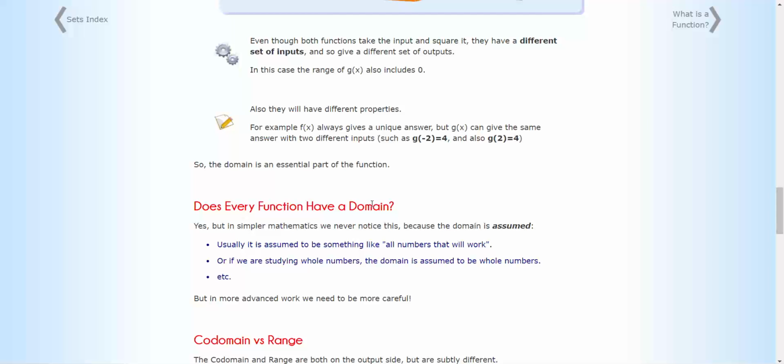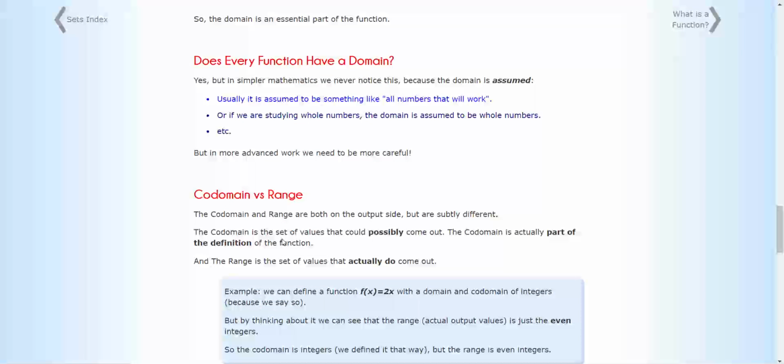What's the difference between codomains and ranges? The range is the set of values that actually do come out. We can define a function f(x) equals 2x with a domain and codomain of integers.